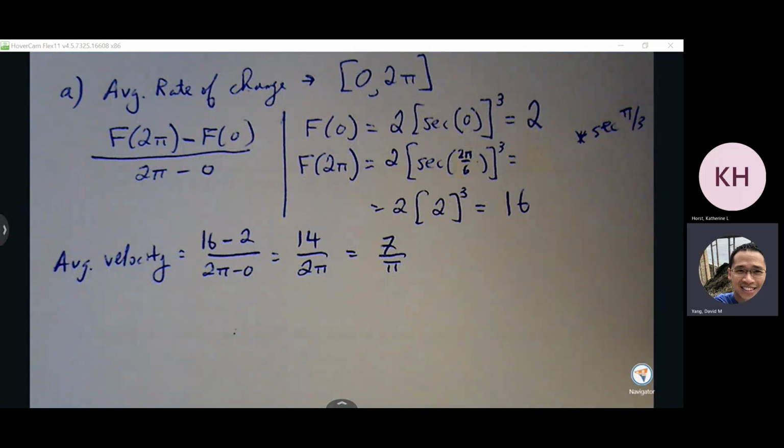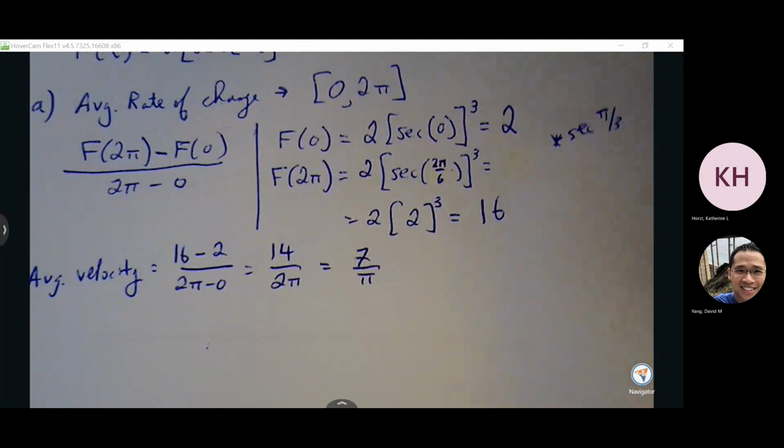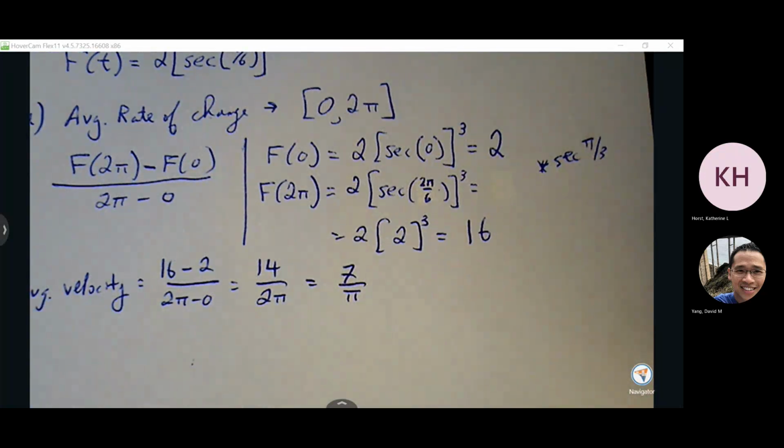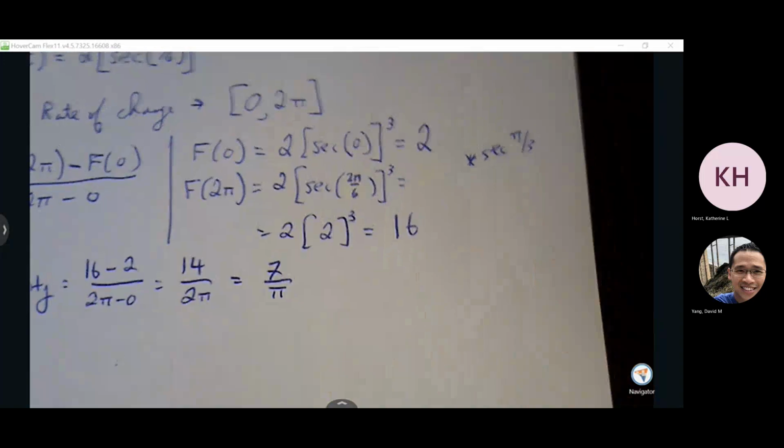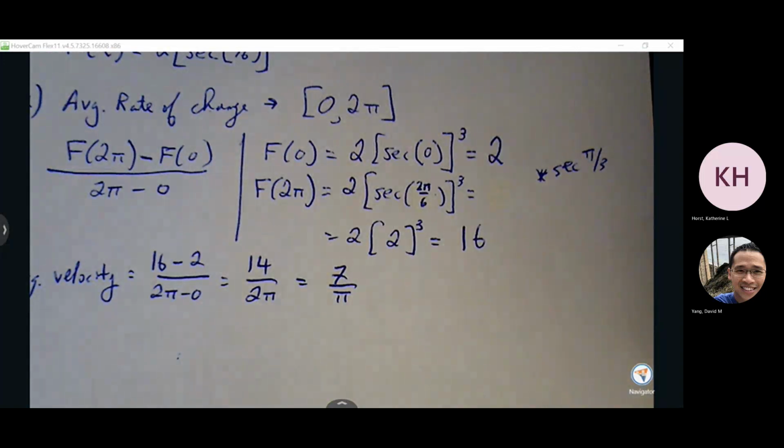Units of measure is what? Meters per second.